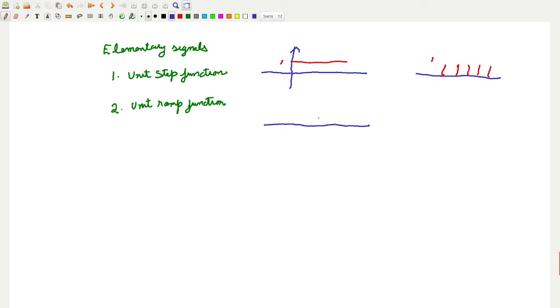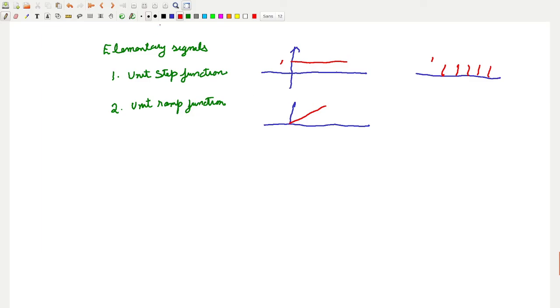It's like an inclined climbing plane. So the unit ramp function will look like this, whose slope will be equal to 1. That is the unit ramp function.